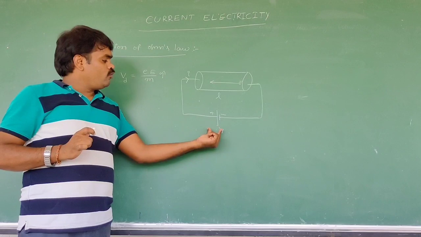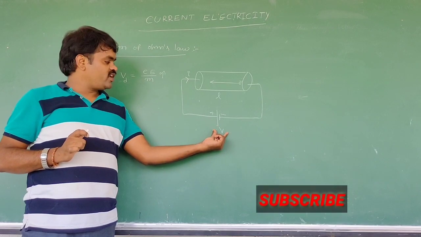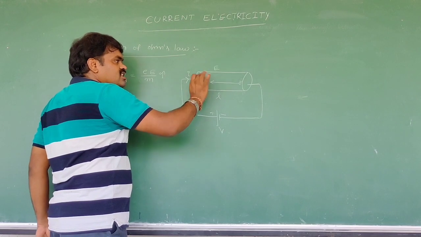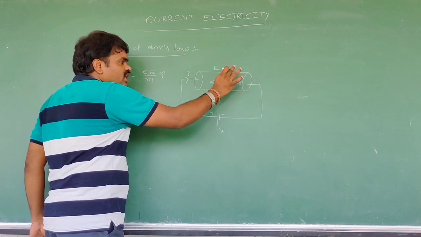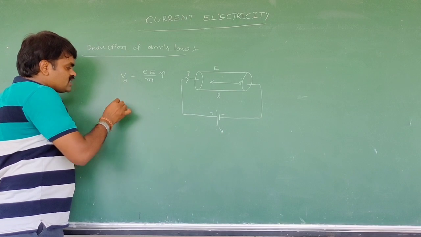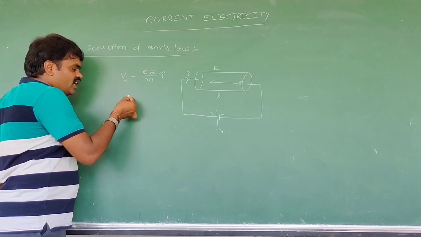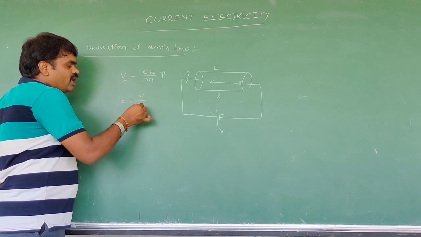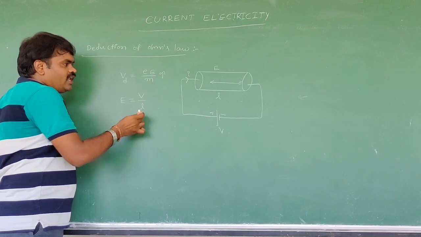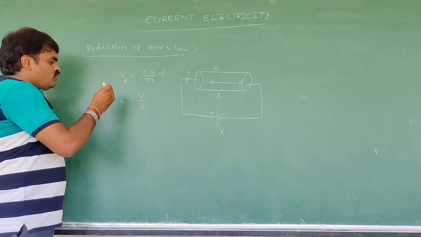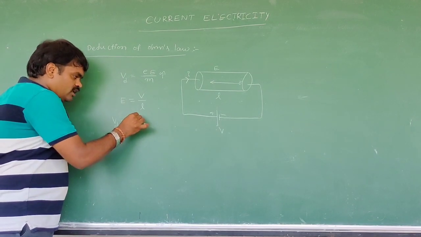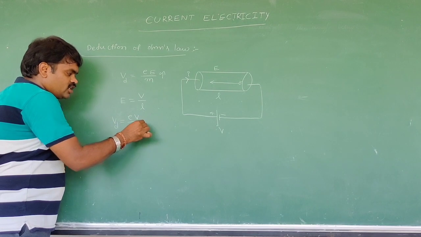When we apply the potential difference V across the conductor, an electric field E is set up throughout the conductor. E is equal to V by L, potential by length of the conductor. Then we substitute Vd is equal to EV by mL into tau.